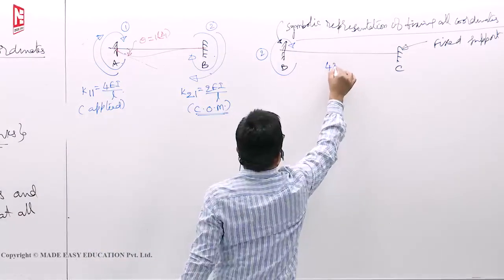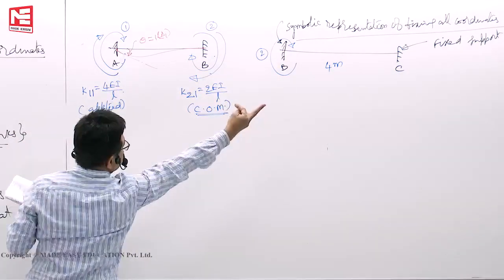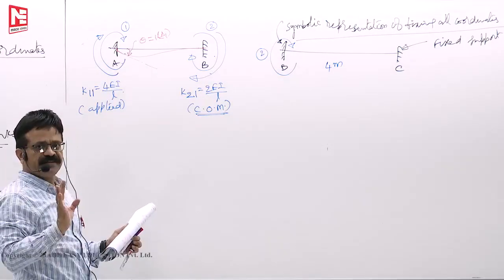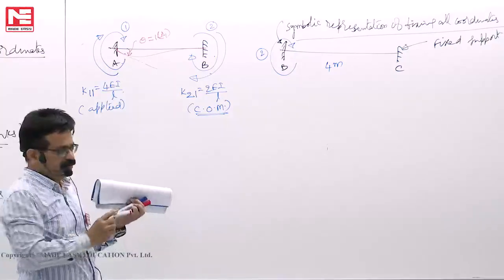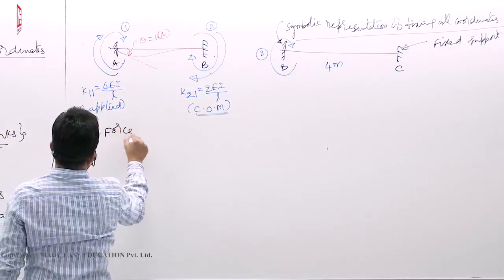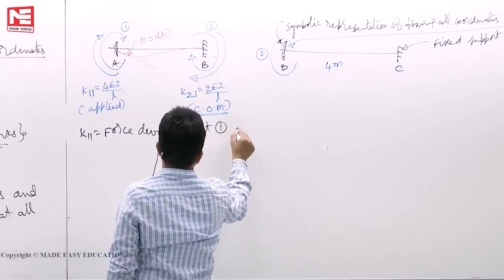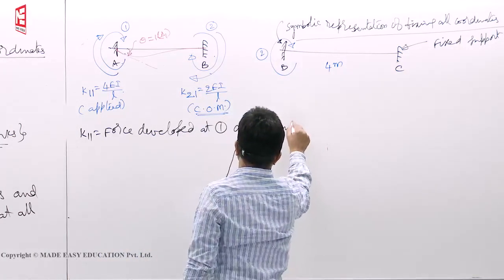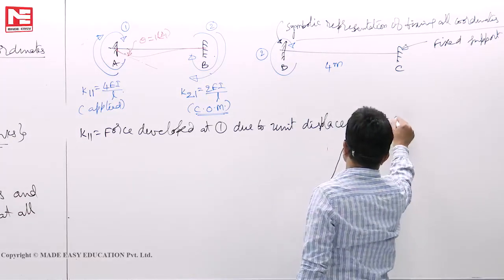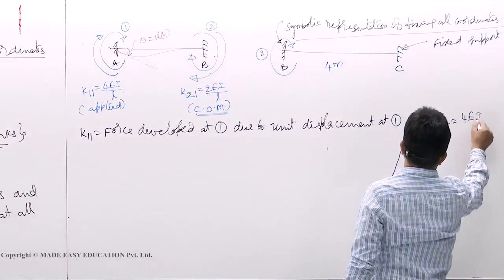This length is now here 4 meters. Now you see K11. From there to there, already when a fixed support is there, say so stiff that any moment that comes, it takes, that's all. It will not transfer it to anybody. So K11, force developed or required at 1 due to unit displacement at 1, 4 EI by L. That means 4 EI by 3.